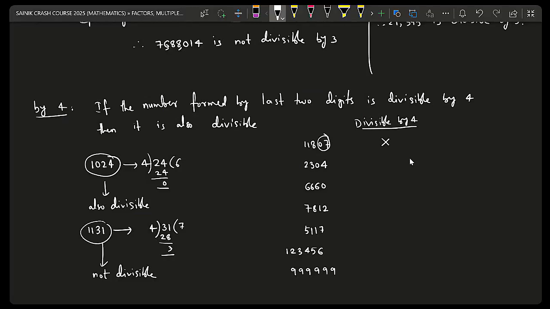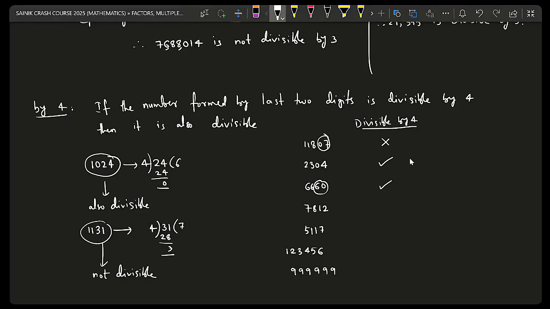Can you say the next answer also? Sir, it is divisible by 4. Very good. What is the next one? Sir, it is also divisible by 4. Very good. Why? Because the last two digits are 60. Is 60 divisible by 4? Yes, sir. Okay, 4 multiplied by which number is 60?